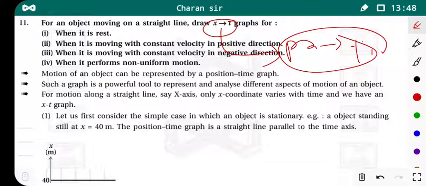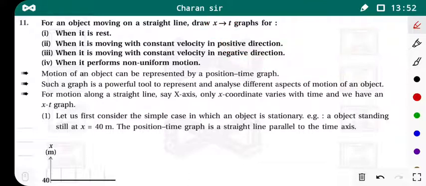Okay, so we draw this graph for different situations. In the first one, when our object is at rest. So how can we conclude that our object is at rest? If the position of the object does not change with respect to time, then we can say that our object is at rest. Now in the second case, that is when it is moving with constant velocity in the positive direction.